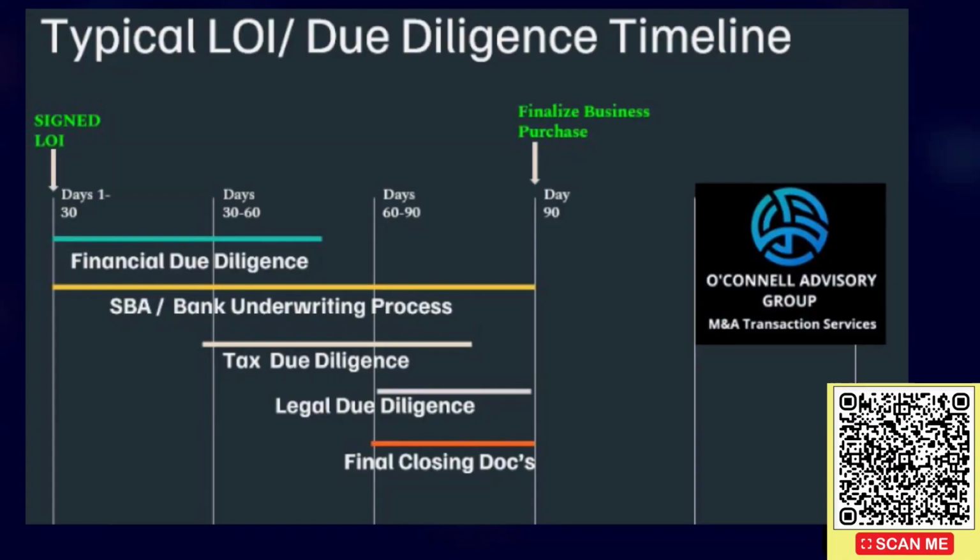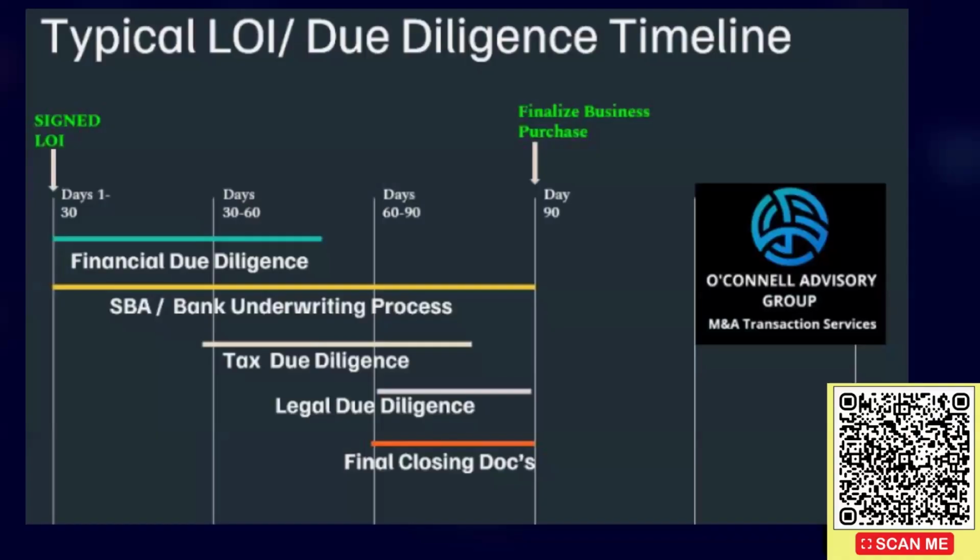Once that is done, you would want to start the tax due diligence process to see if there is any significant tax liability which the company may have, because the new buyer would need indemnity against any tax penalties that may come from the past.